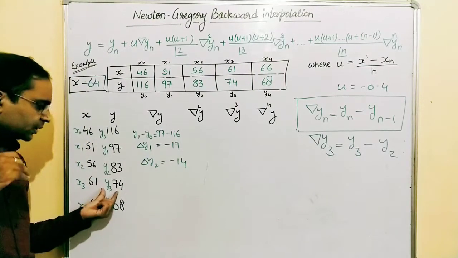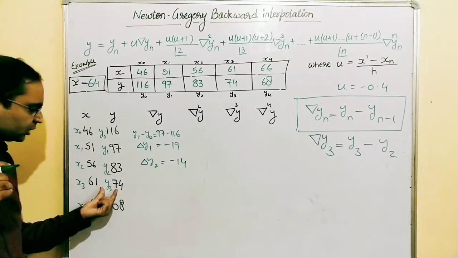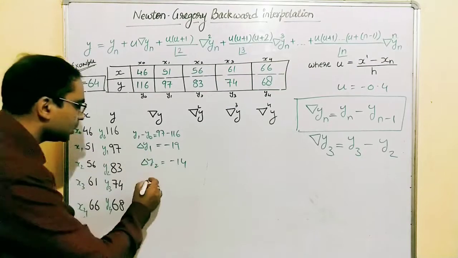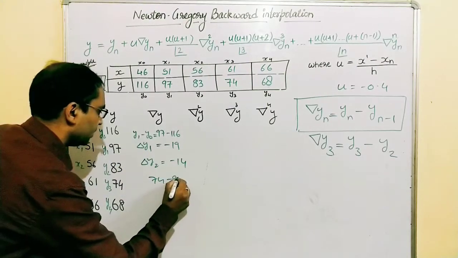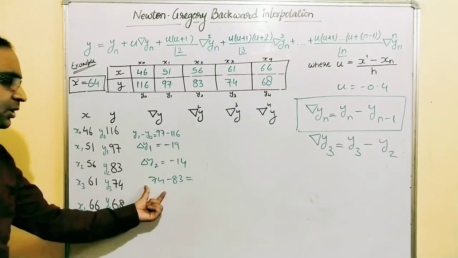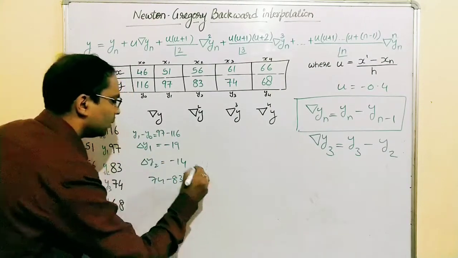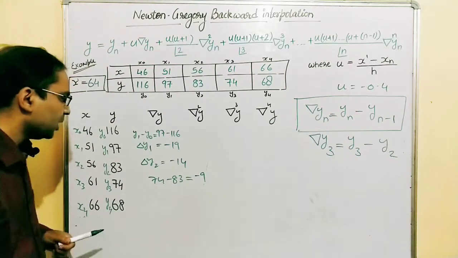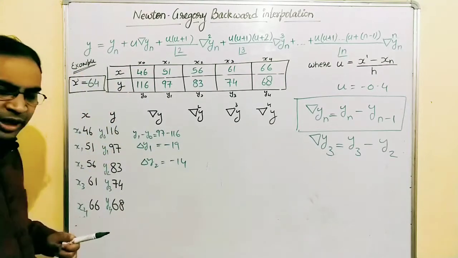Now let's evaluate this del y3. This is y3 minus y2. So this is 74 minus 83. This is minus 9. So what is this minus 9? Del y3. So let me write here del y3.